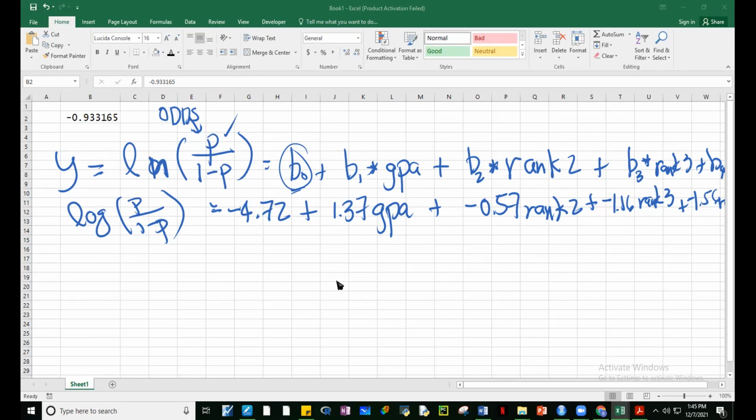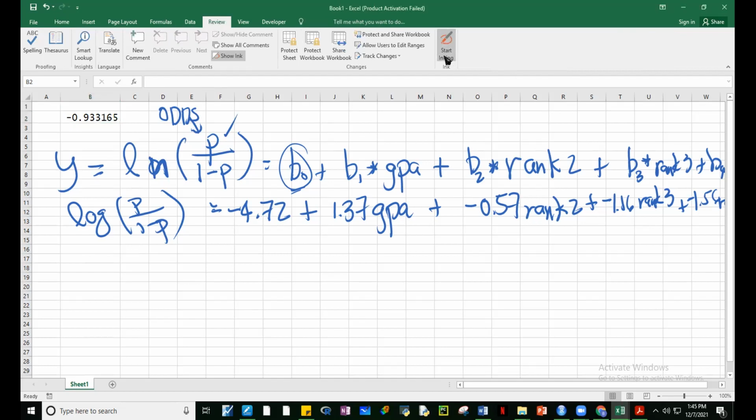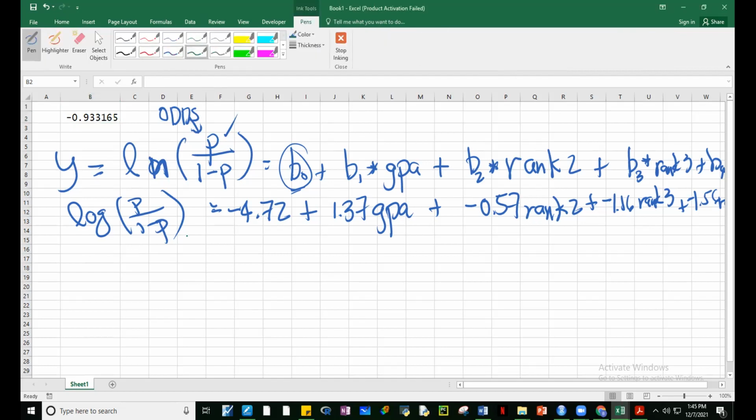Good thing na lang, guys, pwede nating i-convert, no? Okay, so i-convert natin yung log odds ratio na yan. So how do we convert that?